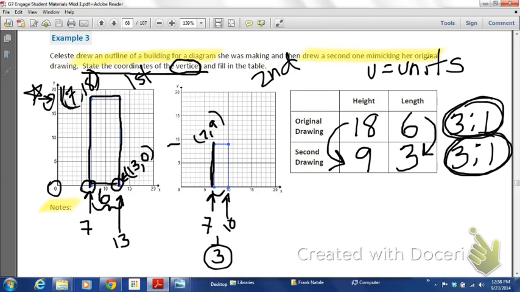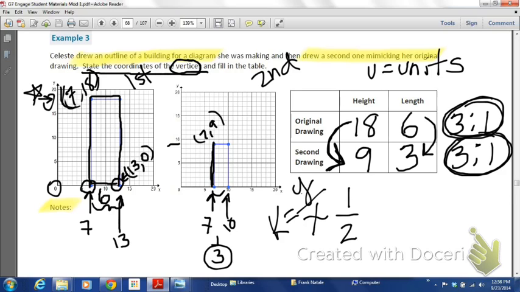So does a constant of proportionality exist? Well, I kind of just answered that question, and the answer is yes, because there is a constant value to get from each length to its corresponding length. And that value, as you can see, if we go from 18 to 9, is 1/2. Remember, we're doing k, the constant of proportionality, which equals y over x.